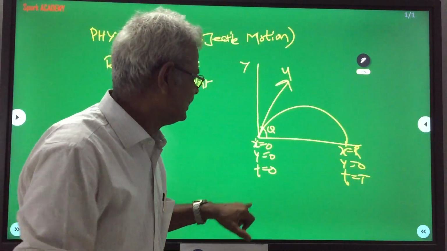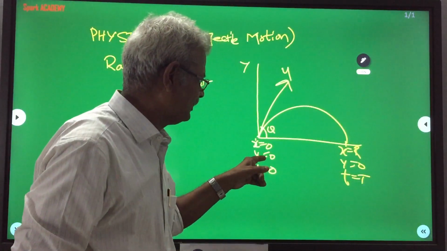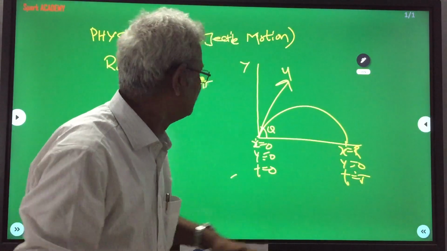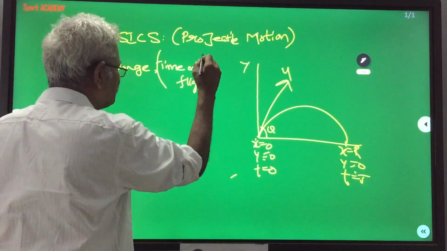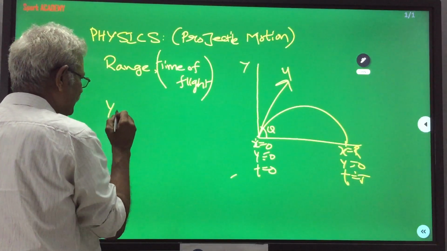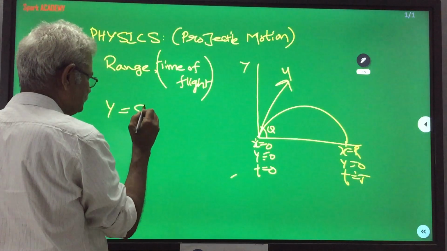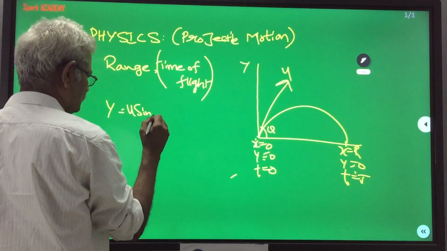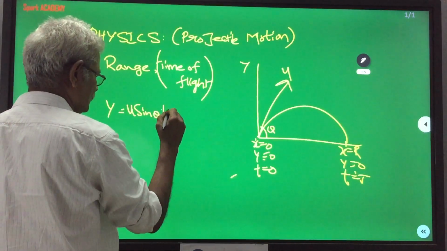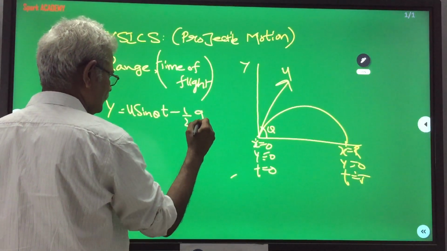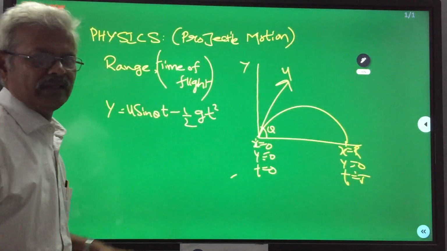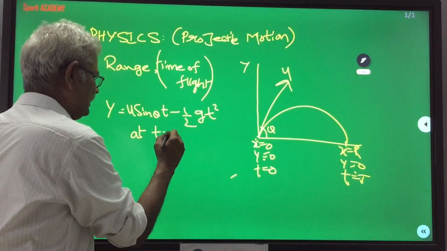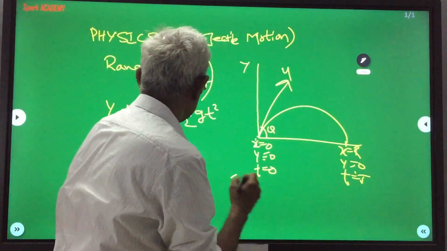So what is the origin? Y coordinate 0. But after time capital T also, the y coordinate is 0. Therefore, to derive this, what will we do? Y is equal to, if I take this, at t equal to capital T, what is the value of y?